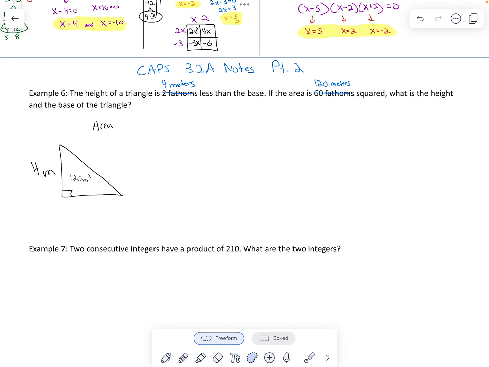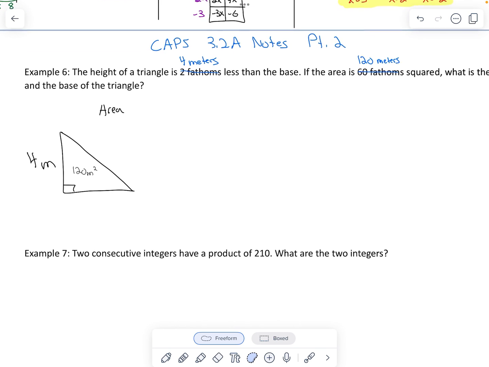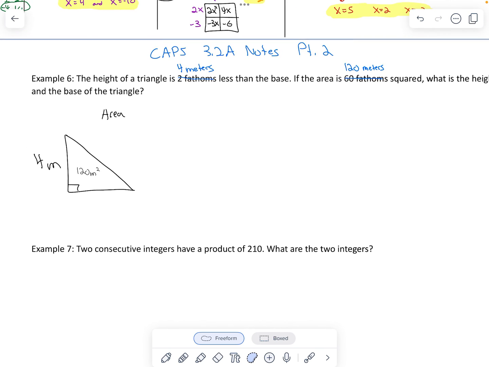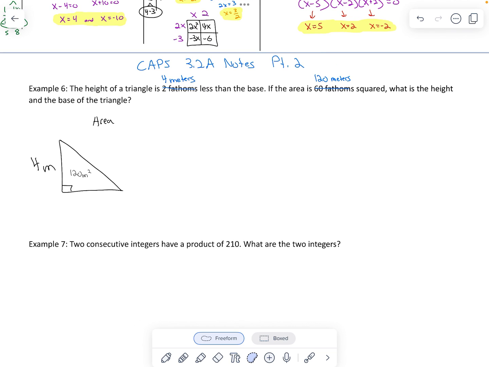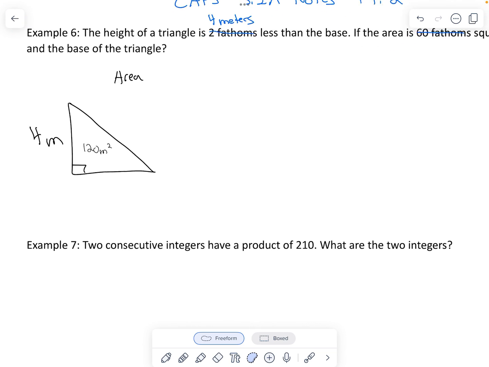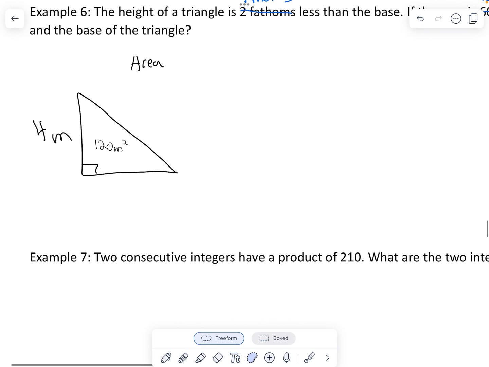All right. What is the height and the base of the triangle? Well, we know the height already, so that's nice. That's just wonderful.